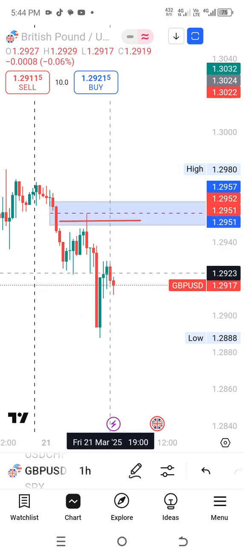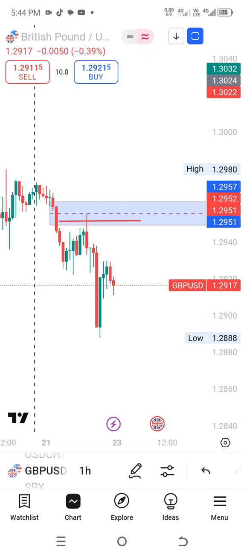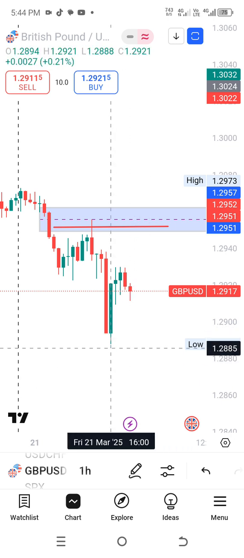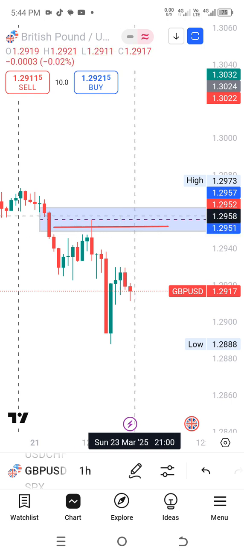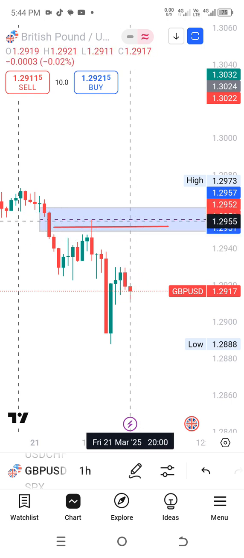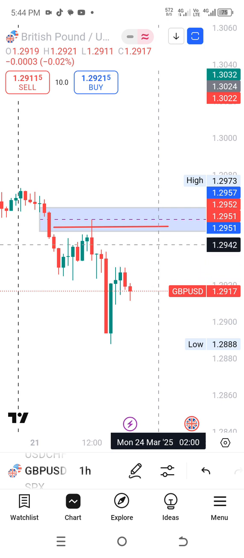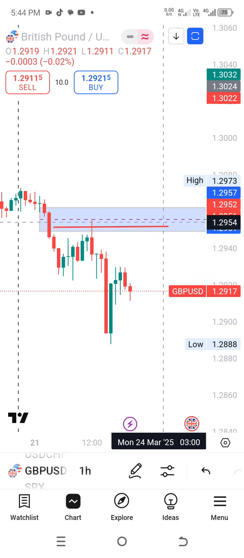Price can push up into that zone and drop. But listen, if price takes off this low first, then there's no need to expect price to come into this area. But if the market opens and pushes up into this marked area, we can look for more drop down.